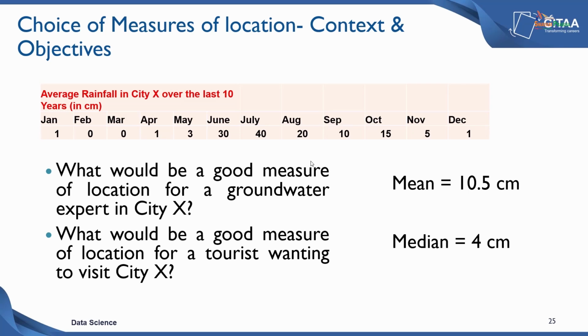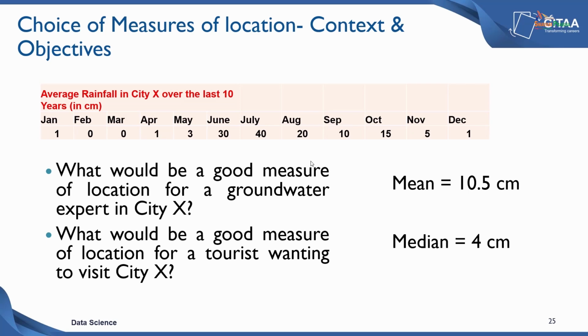Now you might be wondering where the 4 centimeter comes from, because it doesn't appear in the data, because there are 12 pieces of data. There are 2 middles here, so that's number 6 and 7. So that's an average between 3 centimeters and 5 centimeters. So you get an average of 4 centimeters as median in this case.